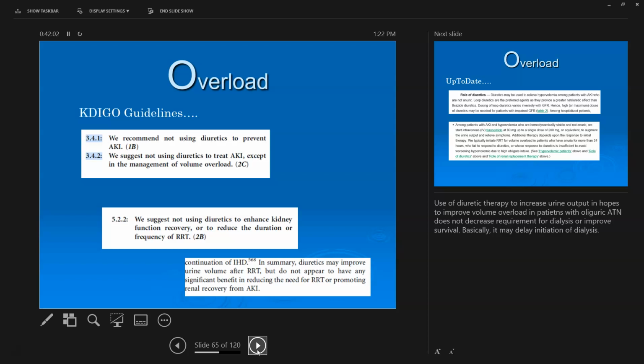Where you may see this is a patient that had really bad ATN, had to go on dialysis, and now you're trying to get them off of dialysis. Their kidney function is recovering, but you just need a temporary measure, and they're volume overloaded. It's okay to give it if they're volume overloaded. Does that make sense? Yeah, okay.